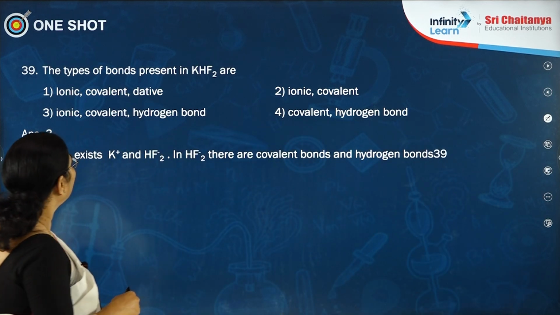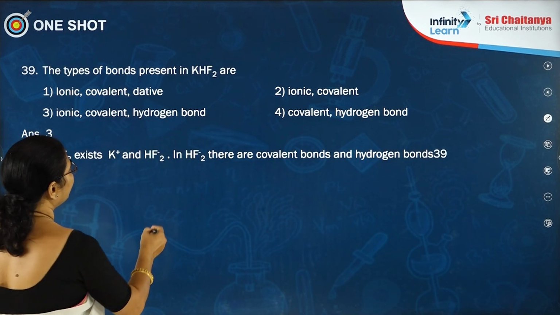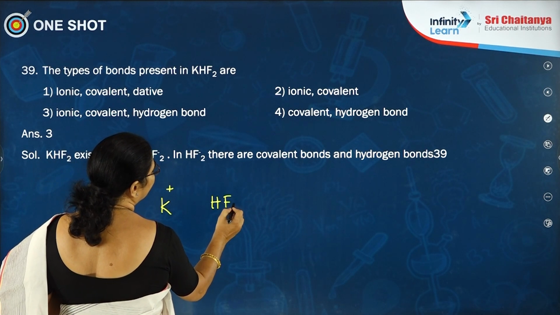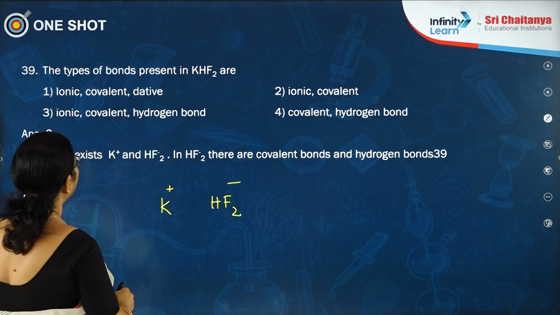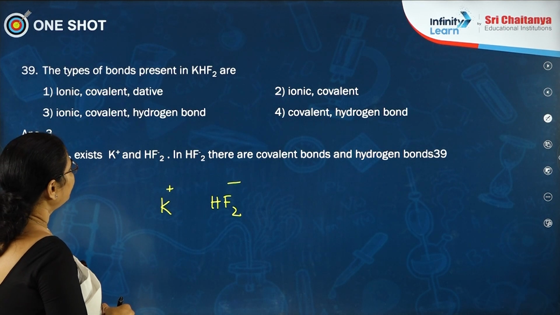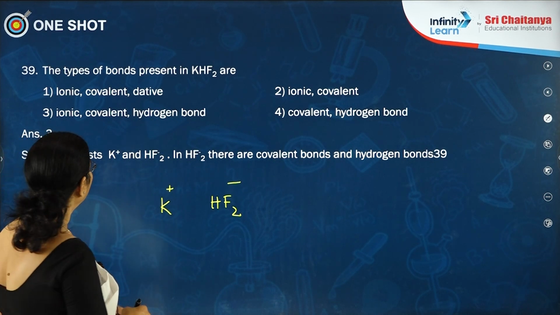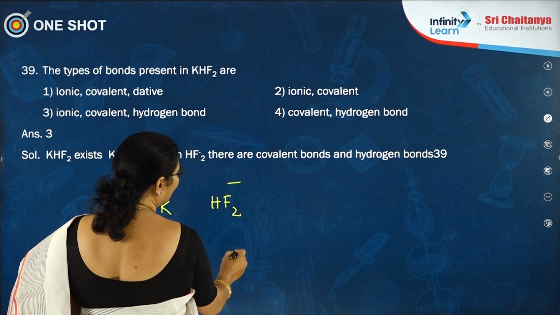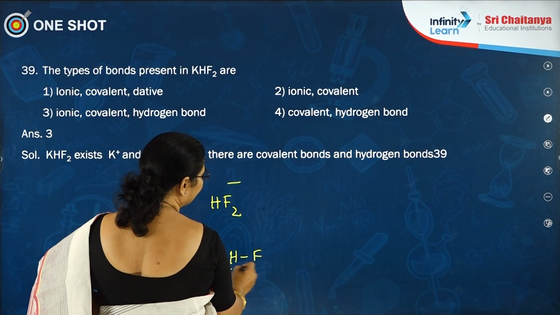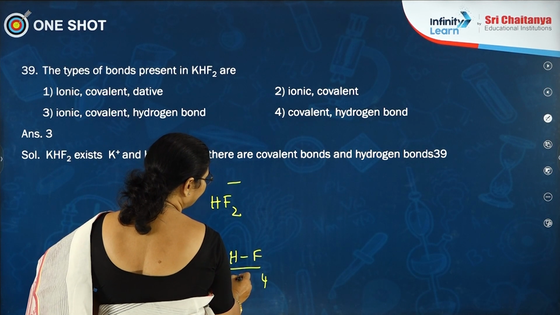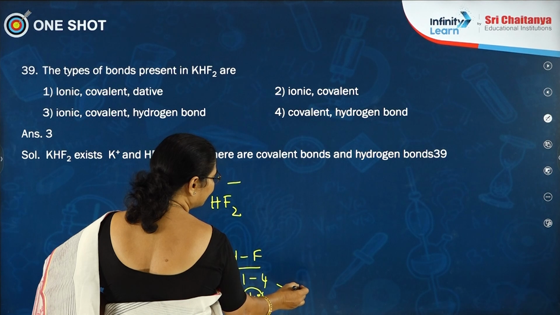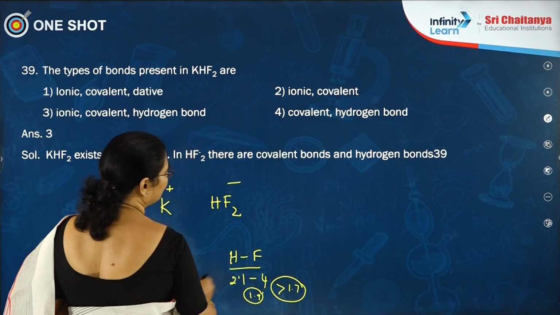Next, the types of bonds present in KHF2. KHF2 means K plus HF2 minus. Ionic is there between these two. In HF, though the electronegativity difference is 4 minus 2.1, that is 1.9, and though it is greater than 1.7, it is not ionic, it is covalent.